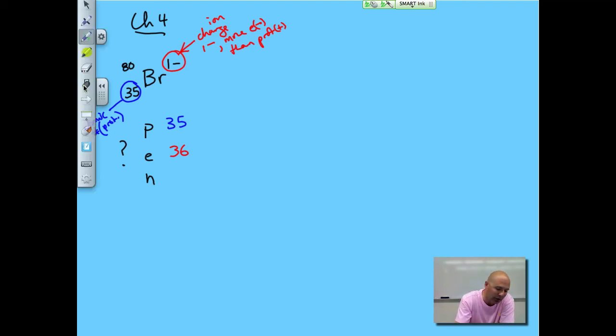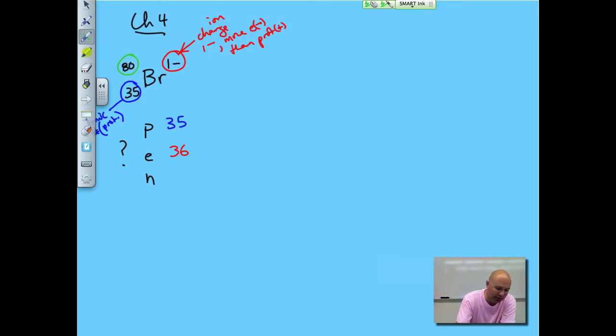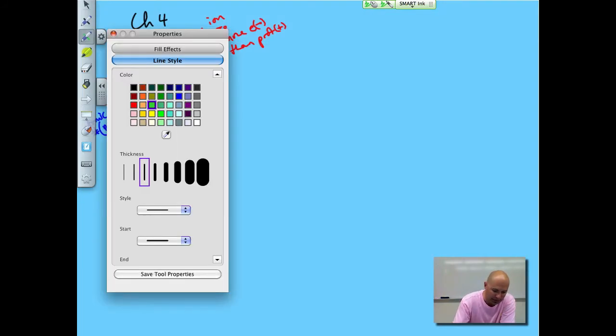Our last thing that we're looking for here is our neutrons, and this number up on top. Let's change this color, I'm sorry. Let's go to yellow.